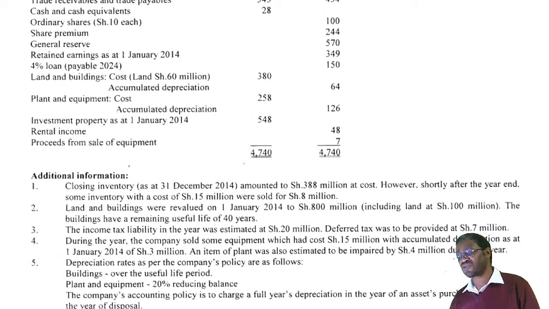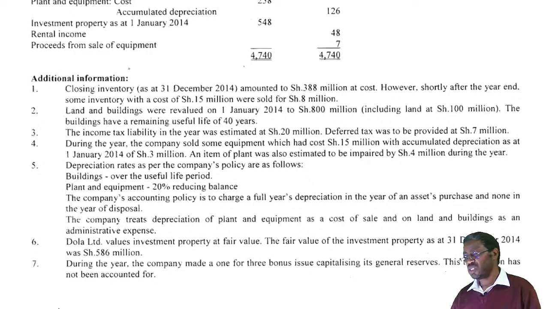And you remember the policy was none in the year of disposal. So even though we are selling it this year, we don't depreciate it for the period we have used. By the beginning of the year, we had an accumulated depreciation of 3 million, but we were told none in the year of disposal. So whether you have used the machine for 2 months this year before you sold it, or 4 months, you don't depreciate it.